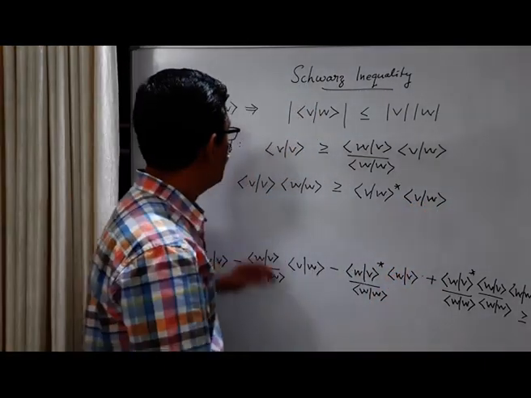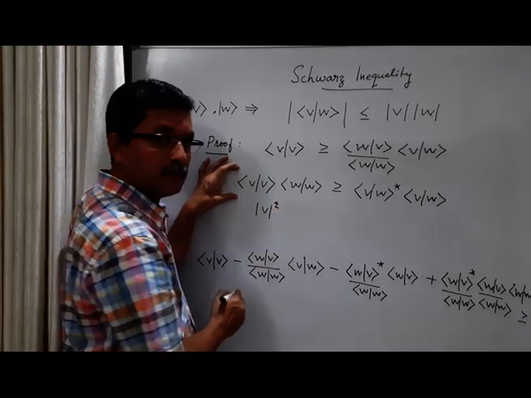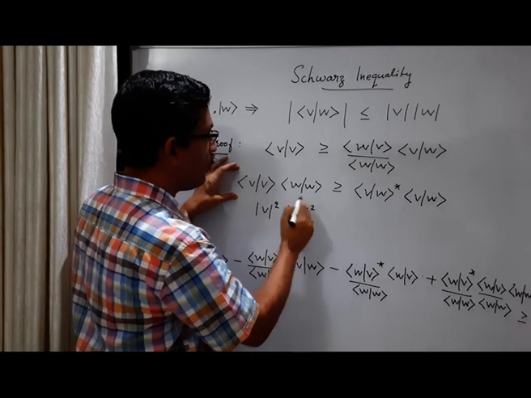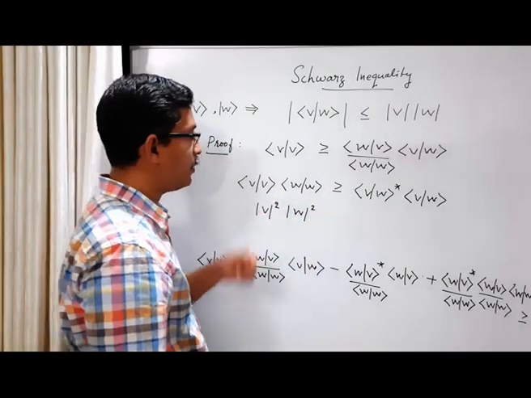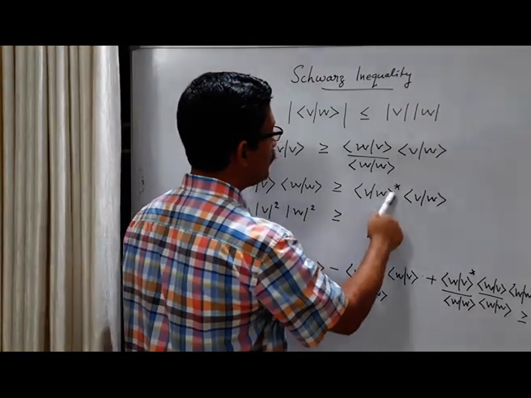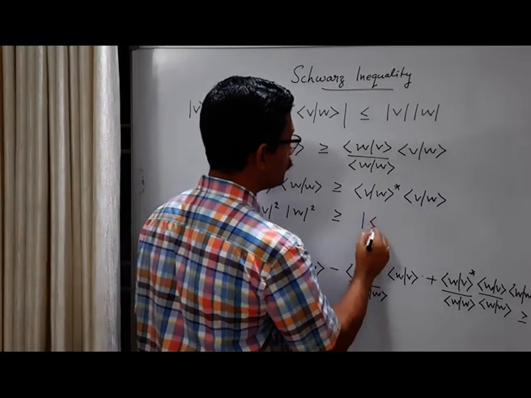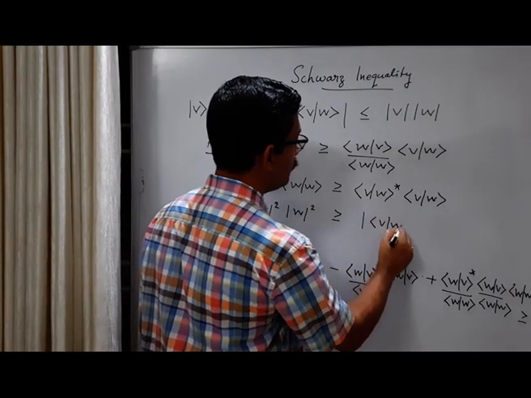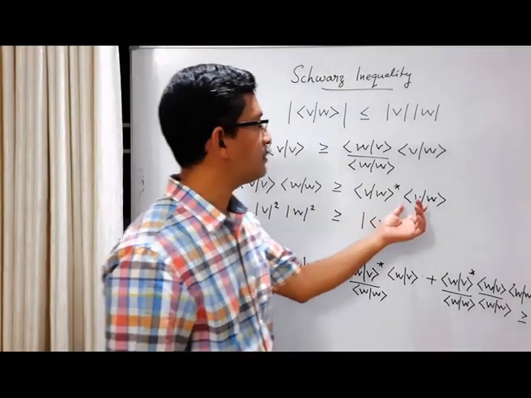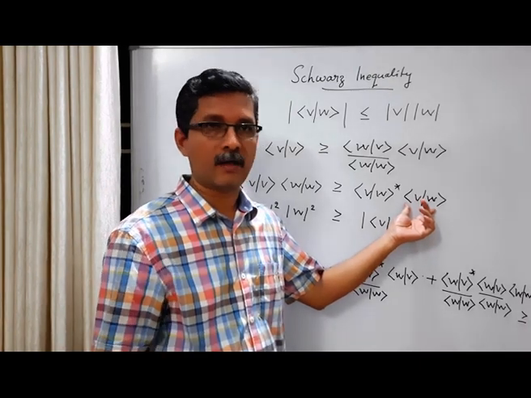Okay. What is the inner product of V with itself? It is mod V square. Inner product of W with itself is mod W square, the square of the norm of W. So greater than or equal to, what is VW into VW star? It is the square of the modulus of VW. Remember, this inner product of V with W is in general a complex scalar.